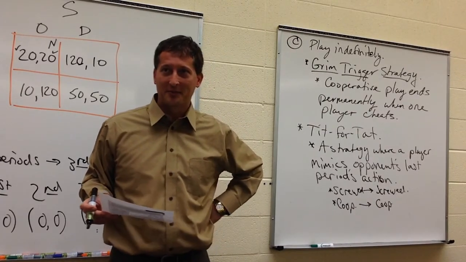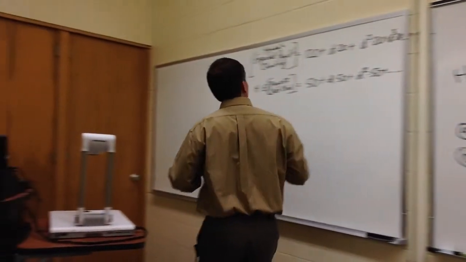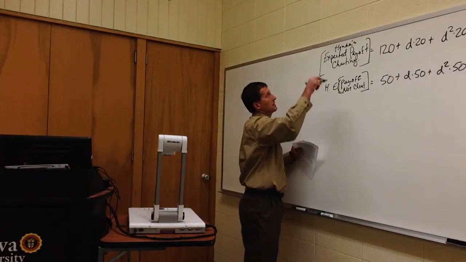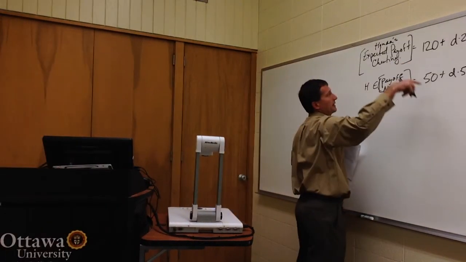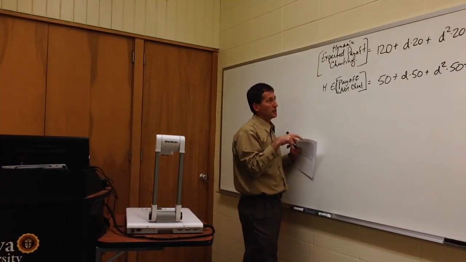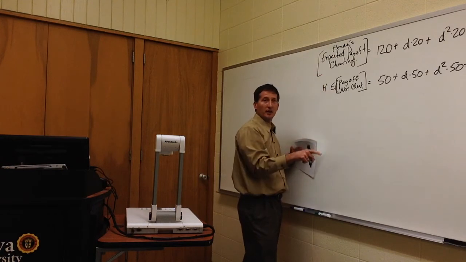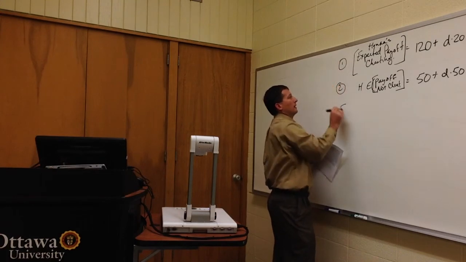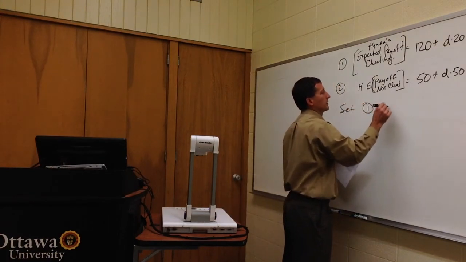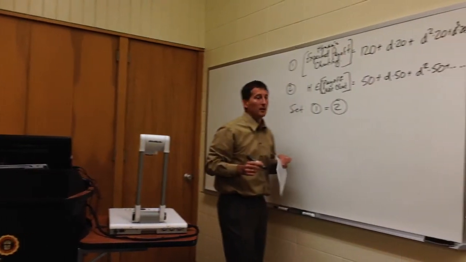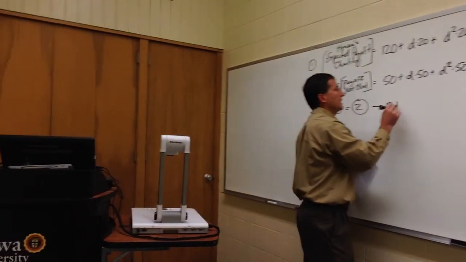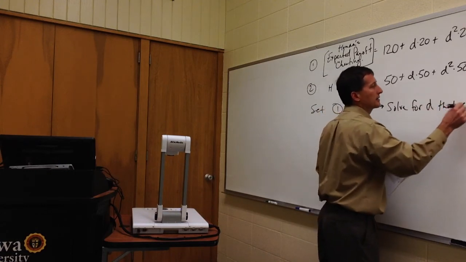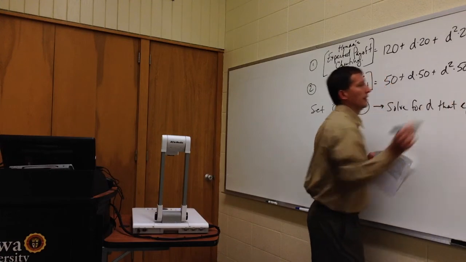Set them equal to each other. That is our break-even point. Remember our logic: if the expected value of cheating is greater than the expected value of not cheating, then I'm going to cheat, or vice versa. So the interesting thing goes on when we set these two equal to each other. If we set equation 1 equal to equation 2, we can solve for D that equates the two.